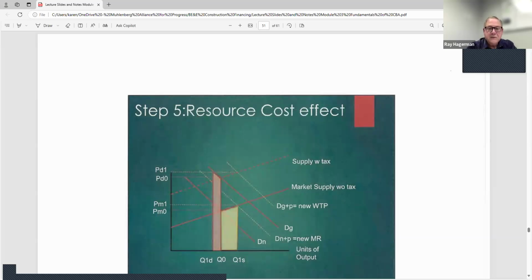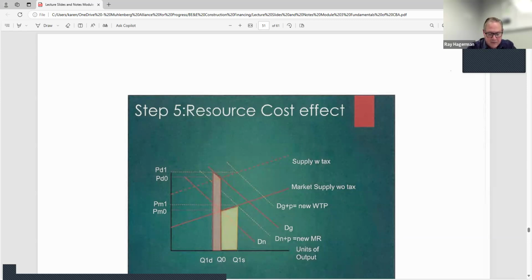Conversely, on the resource cost effect, what you find is the additional consumption from the CBA project consumes additional resources. The cost of the additional resources is valued at the marginal cost times the additional quantity, according to the second of Harberger's postulates.